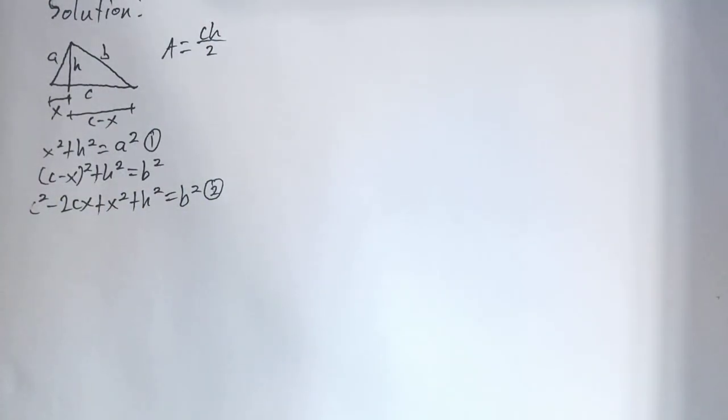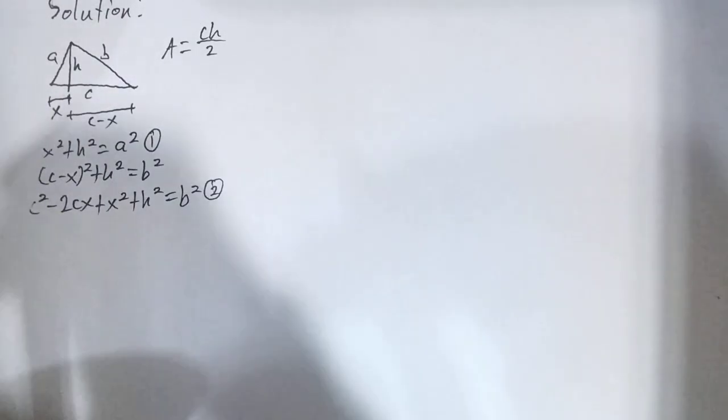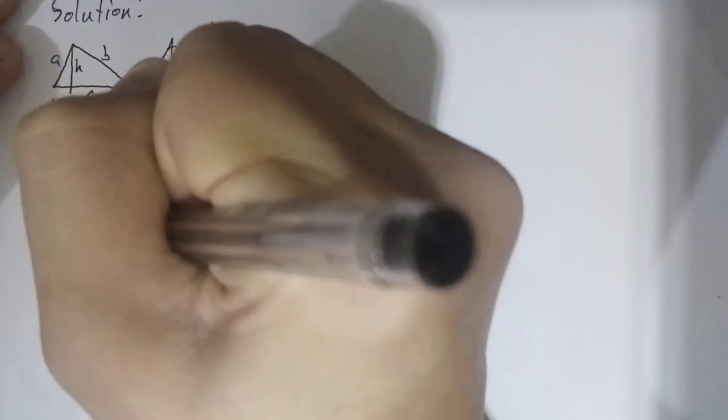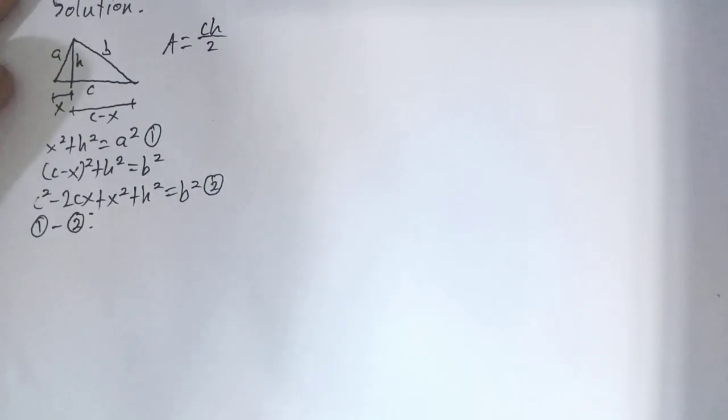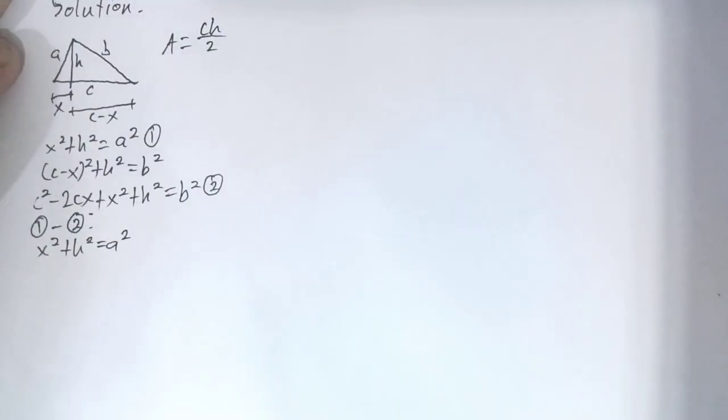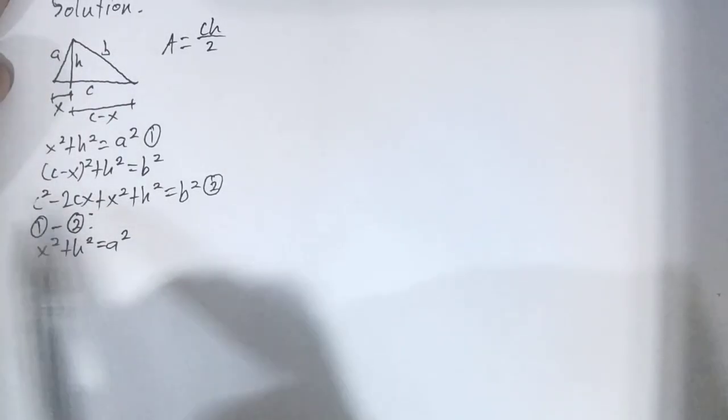Now what we would do is subtract equation 2 from equation 1. So equation 1 minus equation 2. Okay? And then we can see that this would be x squared plus h squared is equal to a squared minus equation 2. So what we would do is multiply negative 1 on both sides.